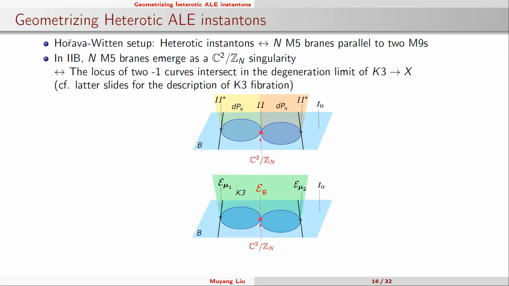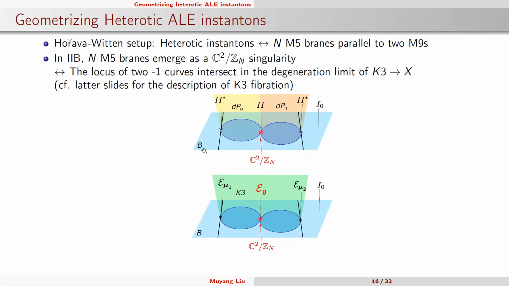And then we engineer heterotic instantons by the emergence of C2 mod Zn singularities. So this is a visualization of putting such instantons in the underlying K3-series of our Calabi-Yau threefold, in the degeneration limit of the K3-series.